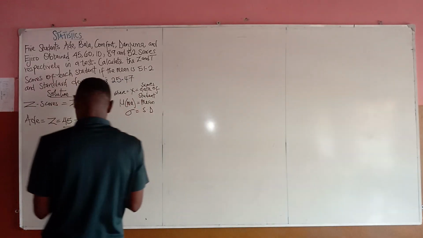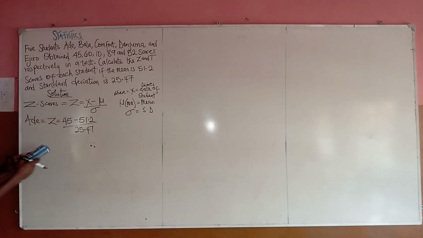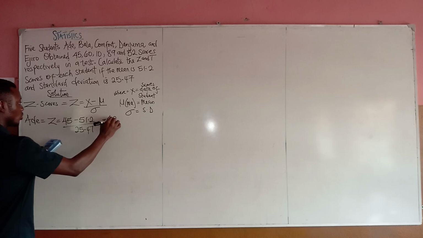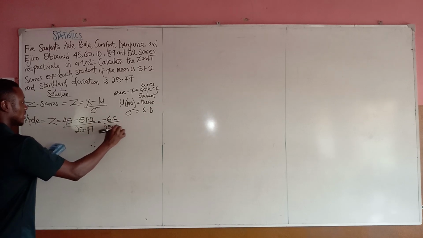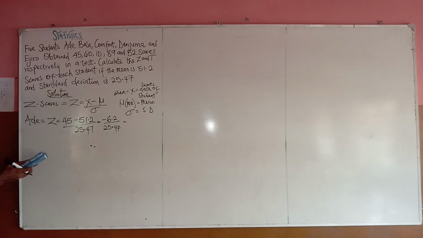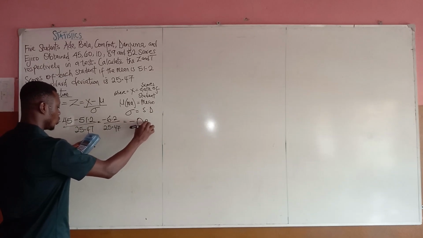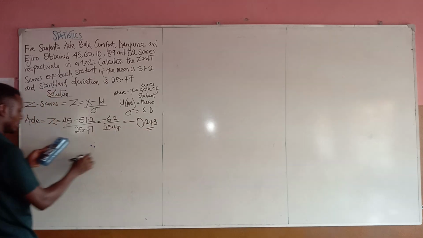We have 45 minus 51.2, which gives negative 6.2, divided by 25.47. So this will give me negative 0.243. Let's use 3 decimal places.